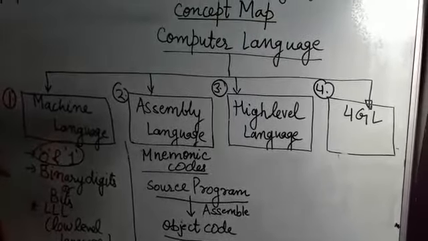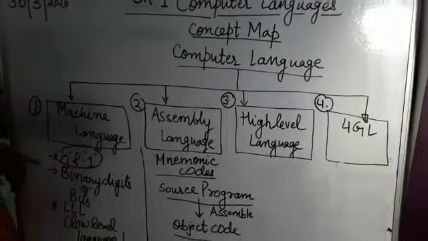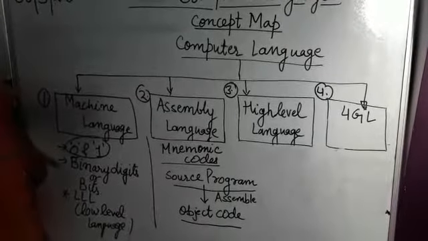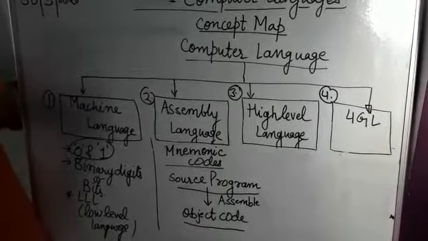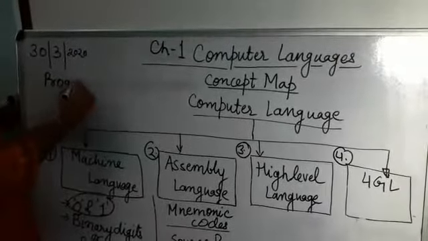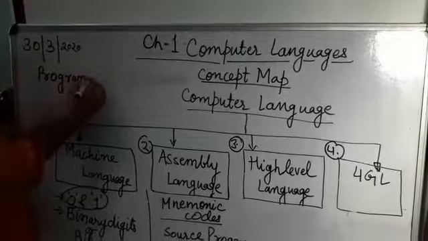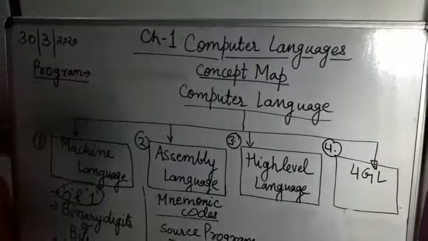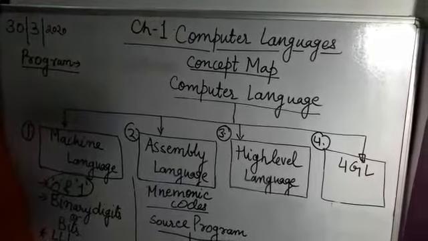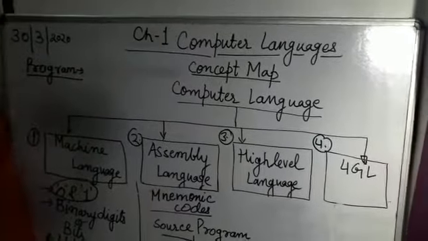So machine generation language. But before I discuss it with you, let us discuss program. What is a program? A program is a set of instructions which we give to the computer to perform a specific task.